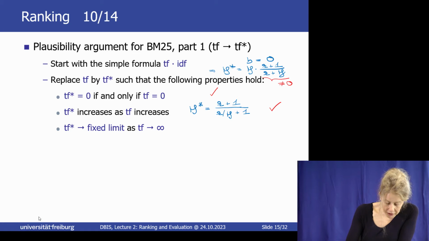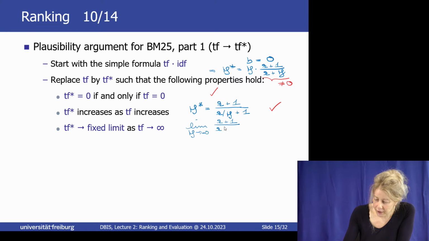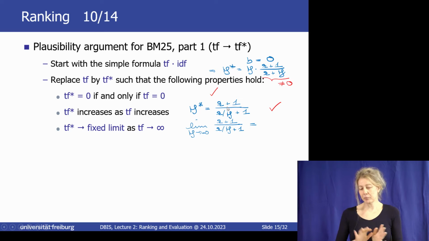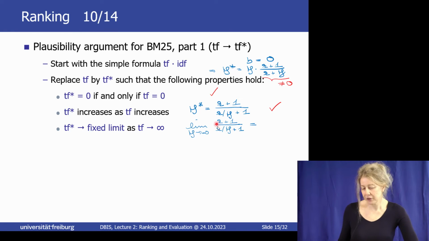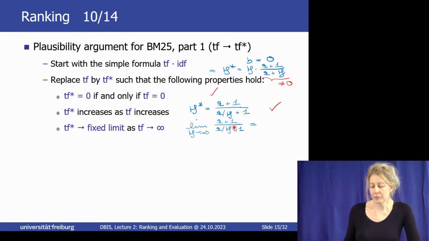So let me just write it like that, limit of when tf goes to infinity, and let's look at this formula here, k plus 1 divided by k divided by tf plus 1. So if you did this simple equivalent formulation of the expression, what happens if tf goes to infinity here? What does this become? Yeah, this becomes 1. So what will be the result?